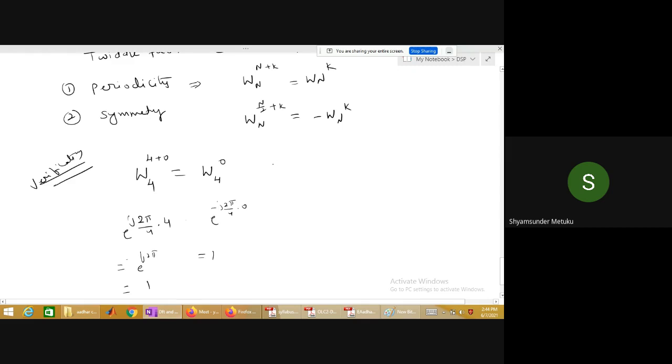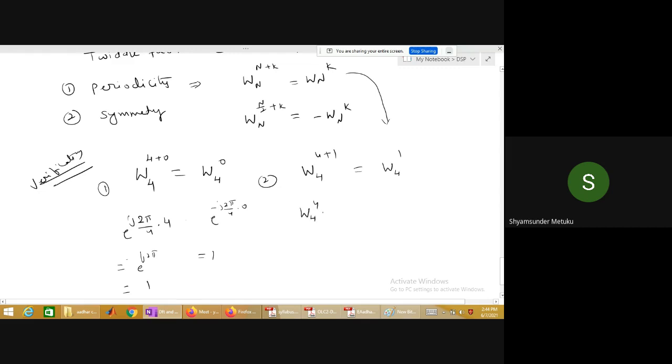Let us take a second example. Case 1, case 2 also we will take. W4 to the power of 5 can be written as 4 plus 1. Can I equate it as W4 to the power of 1 as per this property? Yes, sir. Then you try to calculate this. What do you get?